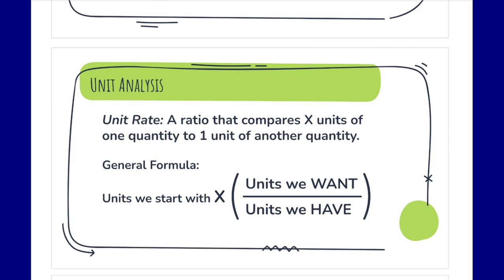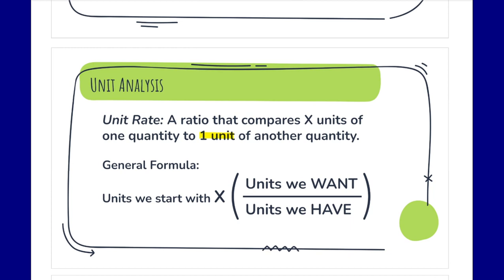We're told how many millimeters are in 1 centimeter, how many meters are in 1 kilometer, how many centimeters in 1 inch. Those are examples of a unit rate. The key thing is that it's the quantity of one unit compared to 1 unit of another quantity.